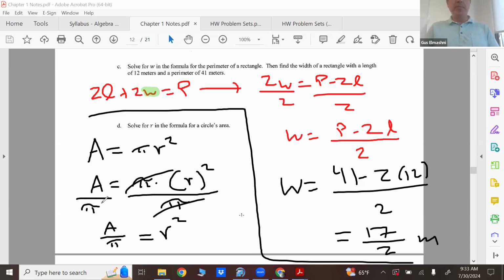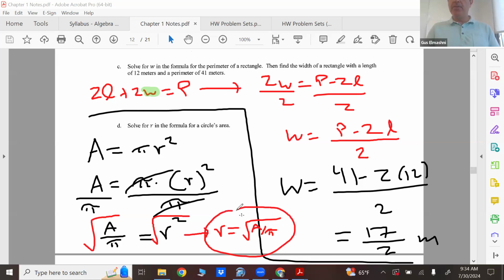You're still trying to get more sophisticated with your math skills. So, show the steps. Once you get to calculus, if you could just see the answer, more power to you. But I prefer that you just be more detail oriented if you can be. And there you go. R equals root a over pi. So square root a over pi.